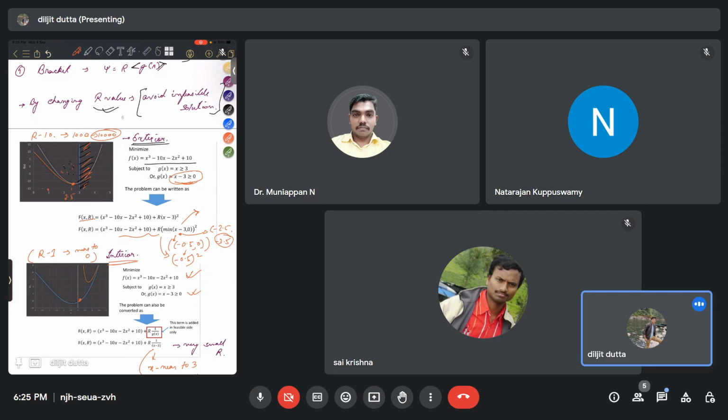So if x is greater than 3, the value will be equal to 0 only, because the minimum value will be 0.